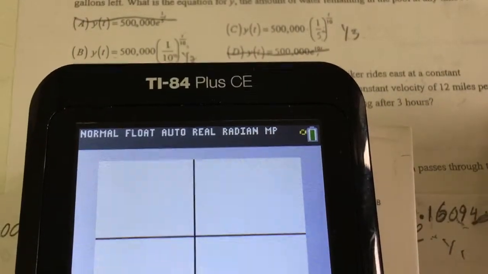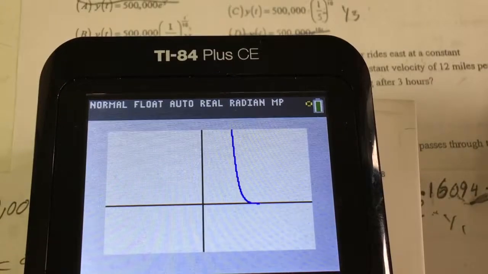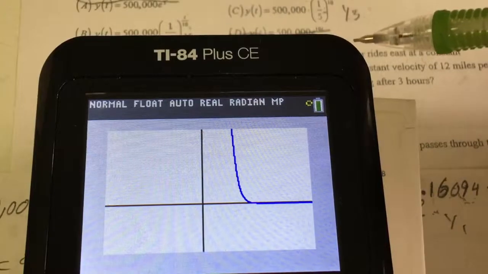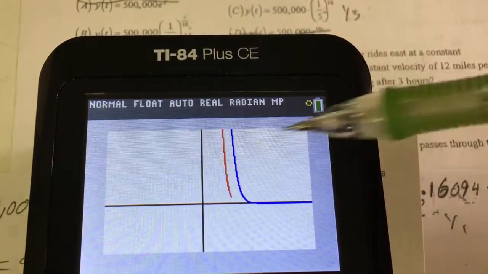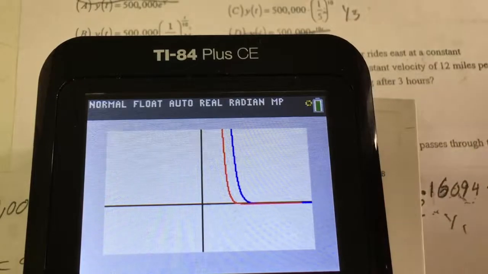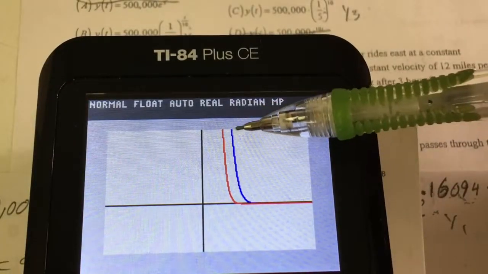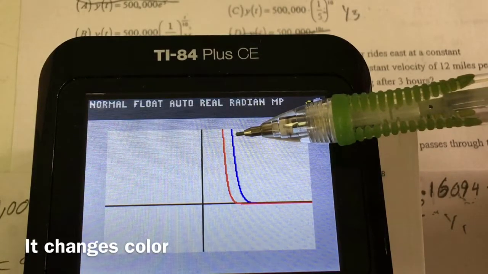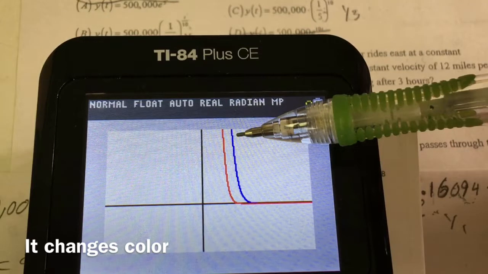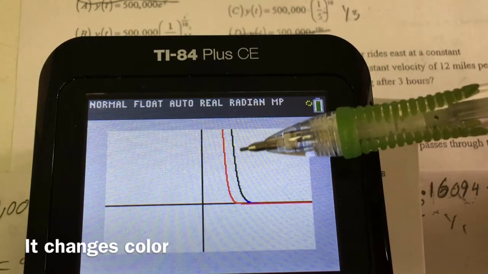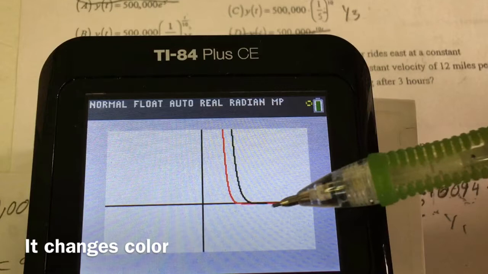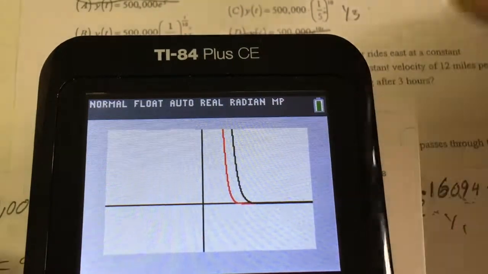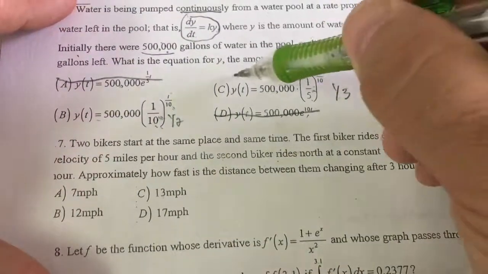My y1 graph is the e, and there it is, the blue graph. Then my choice B is the 0.1, and that's going to be a different color. And now the next one is the 0.2 graph. And watch what happens. It changes the color of my y1. So choice C is the same graph as my equation, so this has to be choice C.